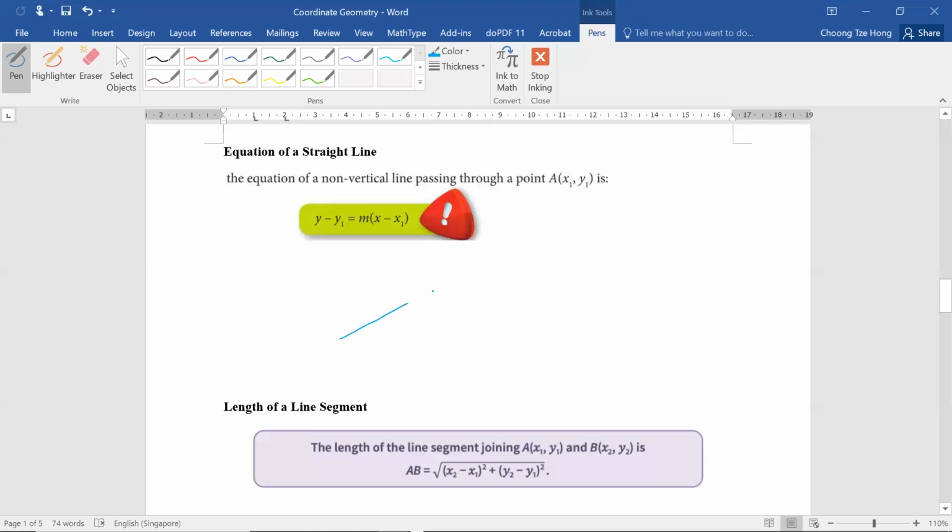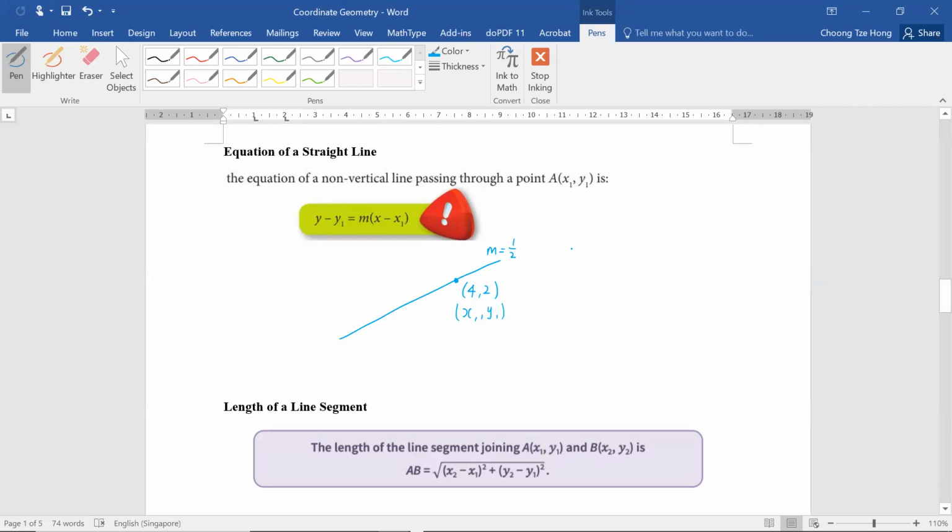First, you need to know the gradient of the line, and secondly, you need to know at least one point on the line. Let's say they want us to find the equation of this line. We know there's this point, 4, 2, over here. So this 4, 2 will be the x1 and y1. And if we know the gradient of this line is, let's say, half, then we have enough info to find the equation of the line.